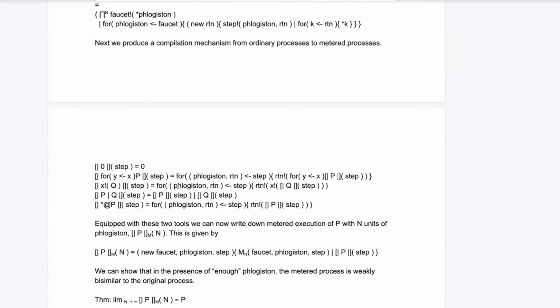The nice thing is that this also gives you the basic framework to talk about both debugging and reversibility. So what I'd like to suggest is that for those who are interested, take these basic definitions and modify them to produce a debugger, and modify them to do reversible computation.